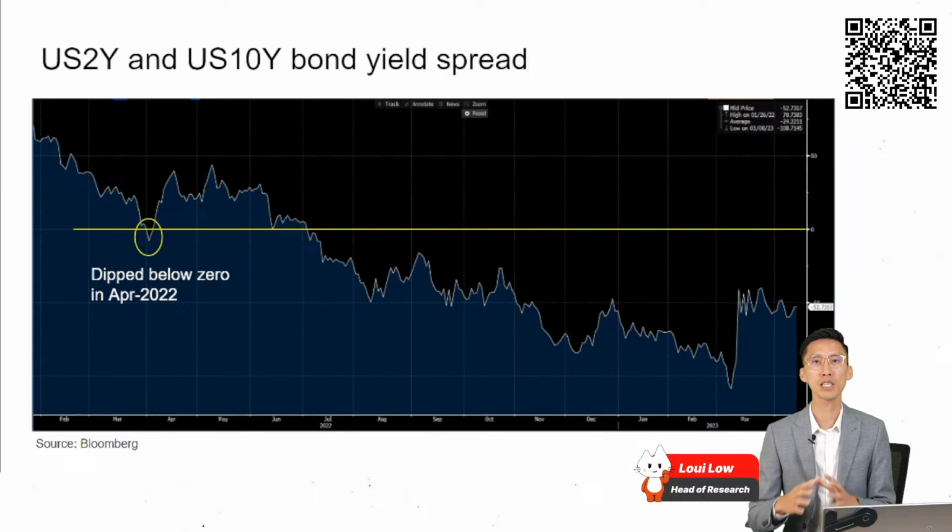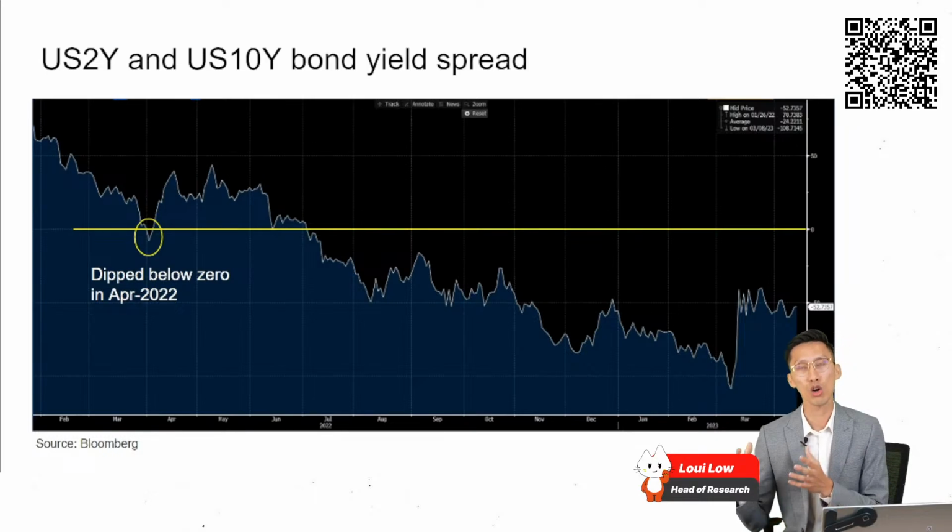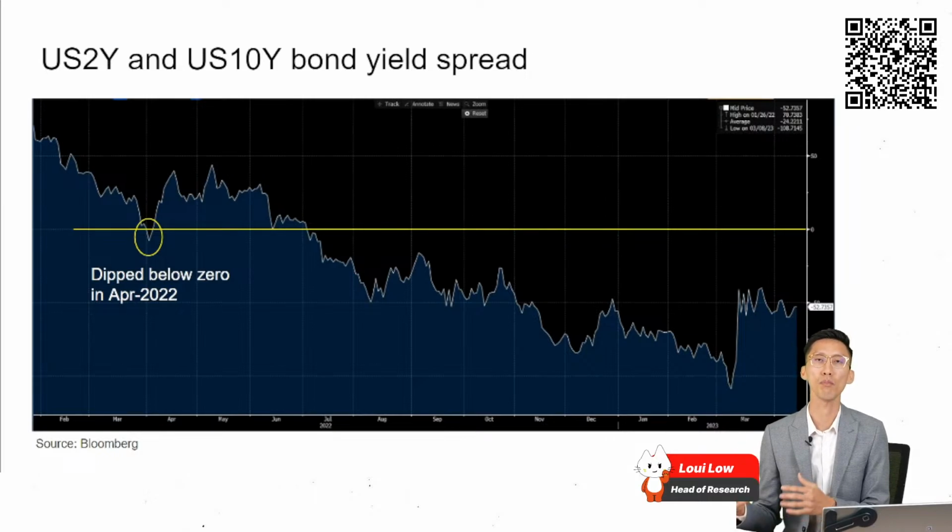And normally when it is below zero, it is considered that people are fearful of a recessionary period, and therefore they are buying more of the longer term bond, and therefore the yield has dropped below the short term yield of the 2-year.